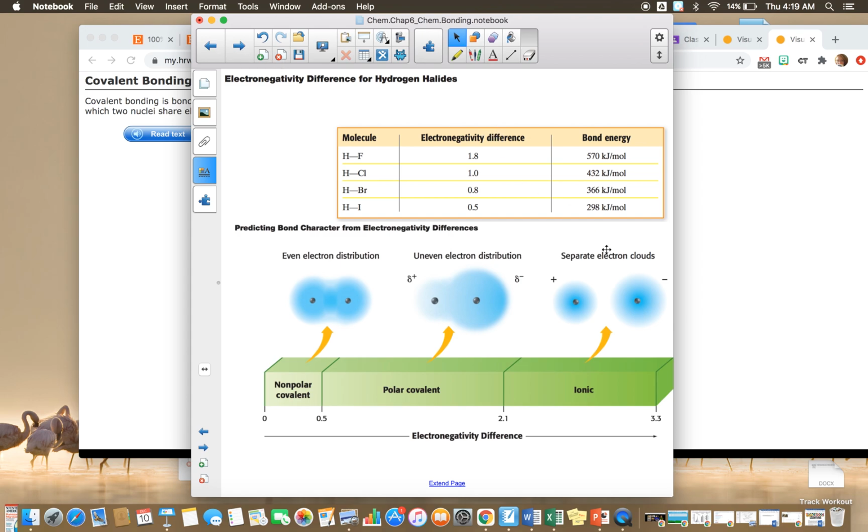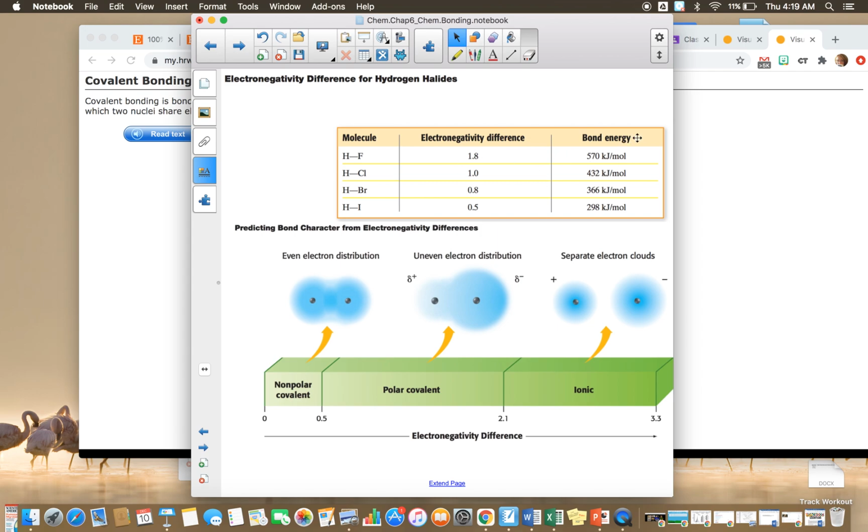Okay, there was another thing I wanted to talk about. If you take a look at the electronegativity difference and the bond energy involved, bond energy is the energy required to either form or break that bond. So if you want to form this bond, you're going to need 570 kilojoules per mole to form it. If you want to break it, you're also going to need 570 kilojoules per mole to break it.